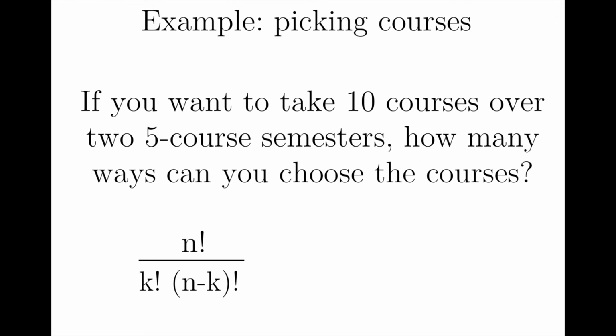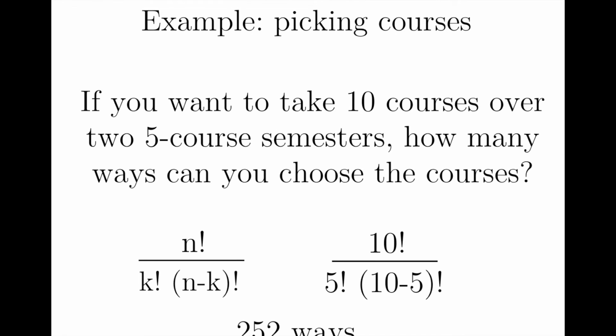So we'll use this combination formula, where it doesn't matter what order you take the courses in any individual semester. So we have n equals 10, k equals 5, and so n minus k also equals 5. If we solve this out, we get that there are 252 ways to arrange courses given this prescription.